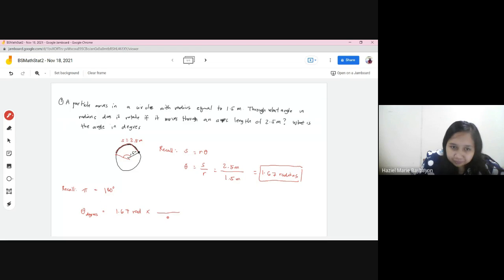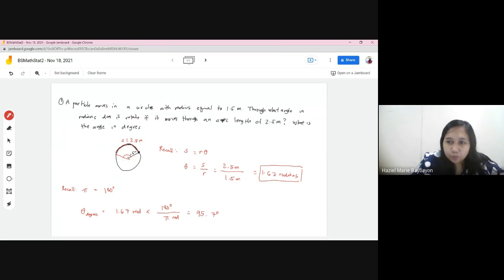We have pi written in the denominator and then 180 degrees in the numerator. So we have 1.67 multiplied by 180 divided by pi. So this is approximately equal to 95.7 degrees. Okay.